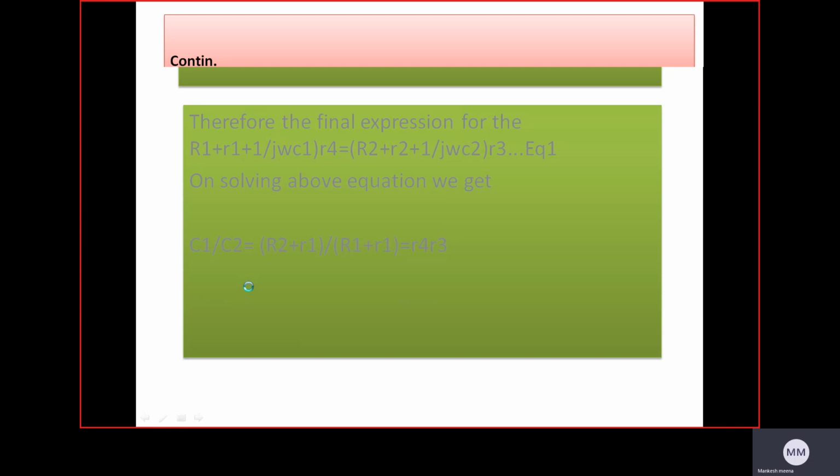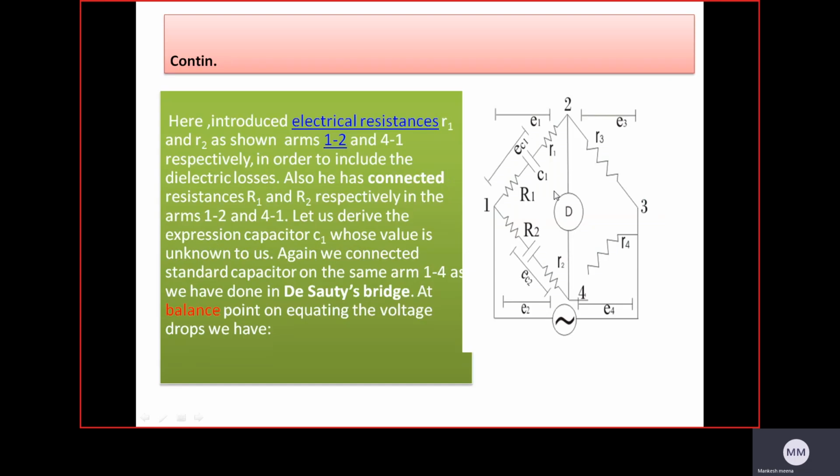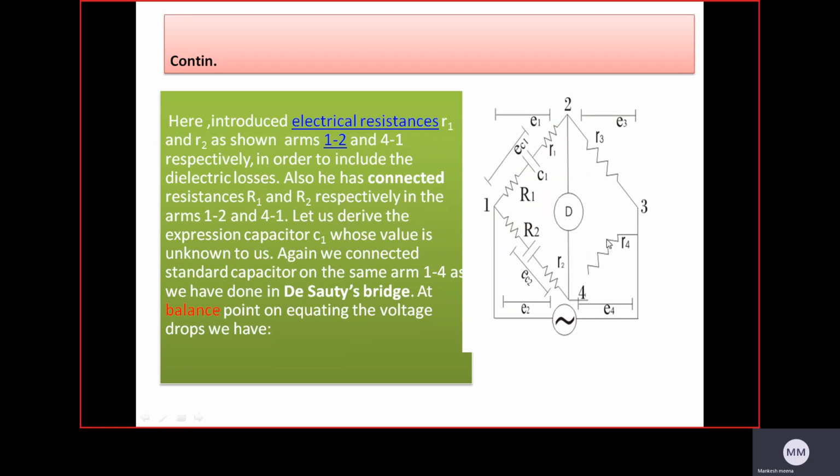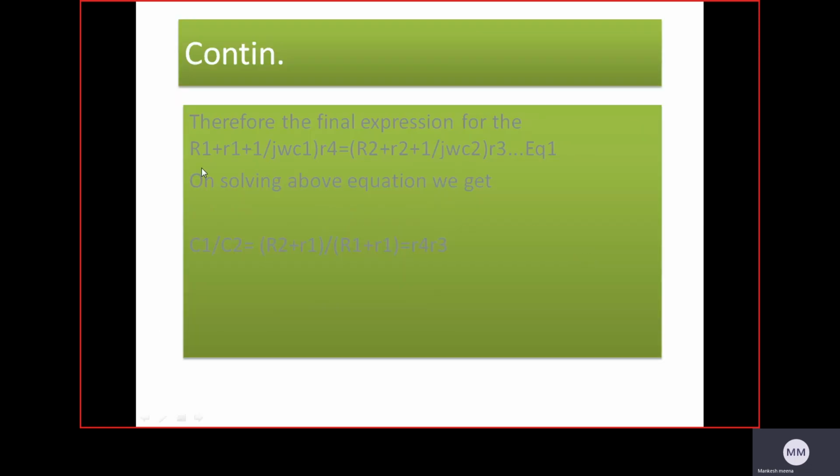the impedance of this multiplied by the impedance of this equal to the impedance of this multiplied by the impedance of this. Then Z1 multiplied by Z4 equals Z2 multiplied by Z3.